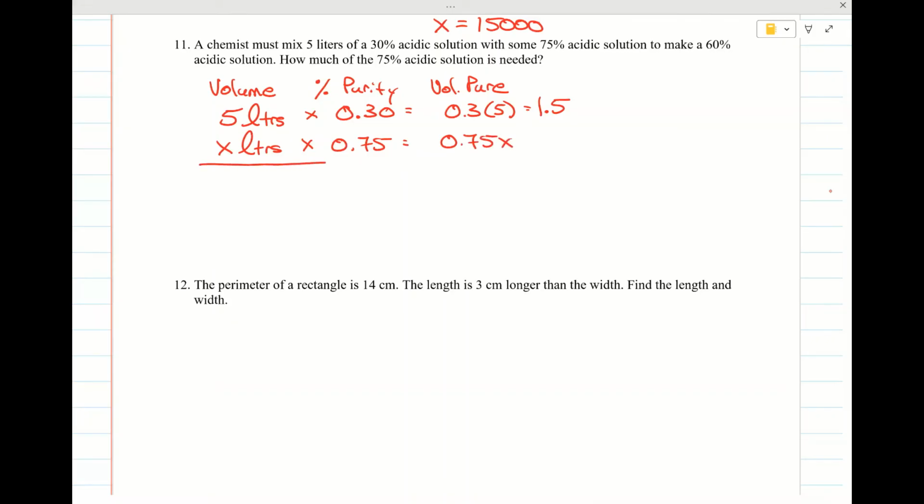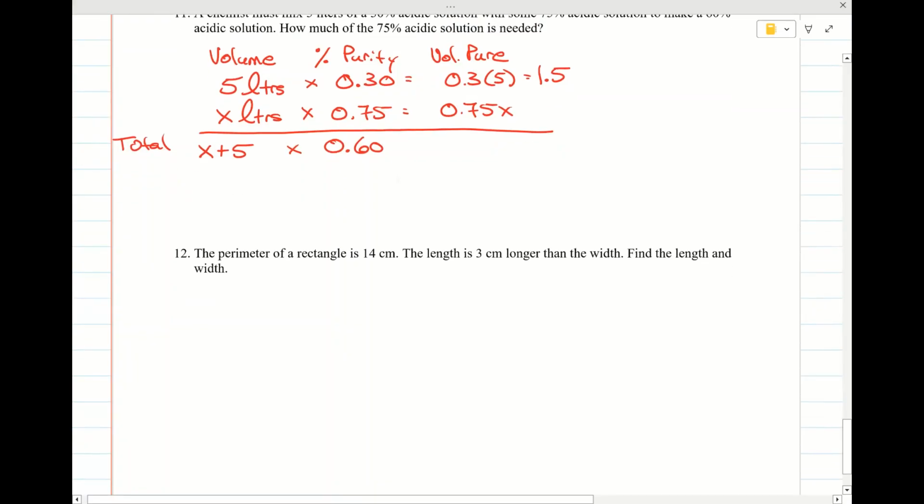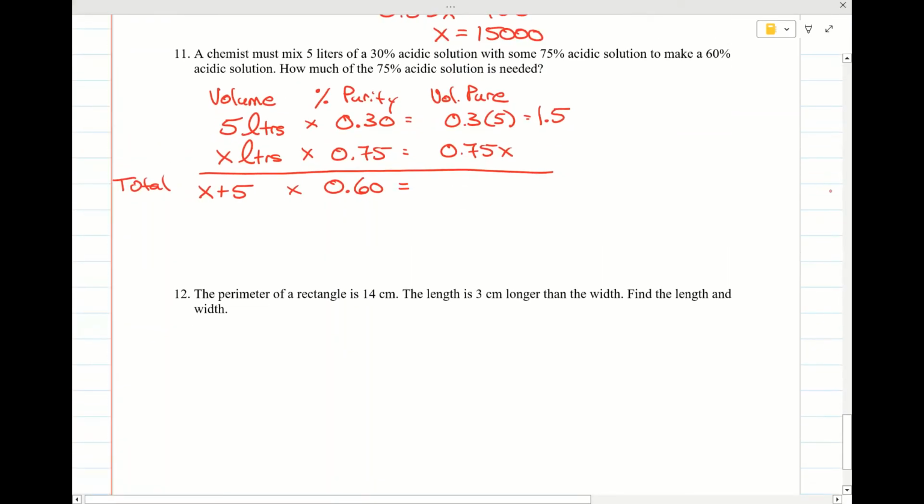And the total would be 5 plus X, or X plus 5. We want to get 60% purity. And this comes out to, let's see here, 0.6 times X plus 5.